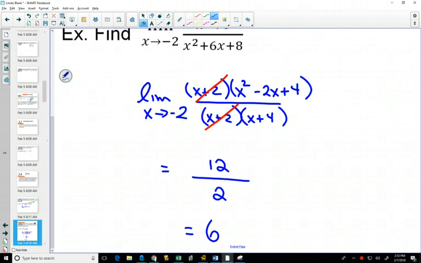This graph, again, if you were graphing that original graph, it would have a hole in it at -2 and 6. Okay? It would have a hole. It would have an oblique asymptote. Remember all of that stuff? Yes.